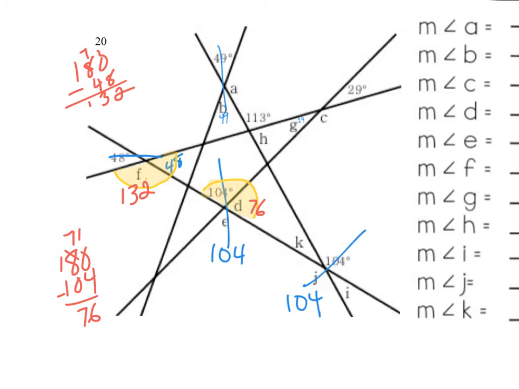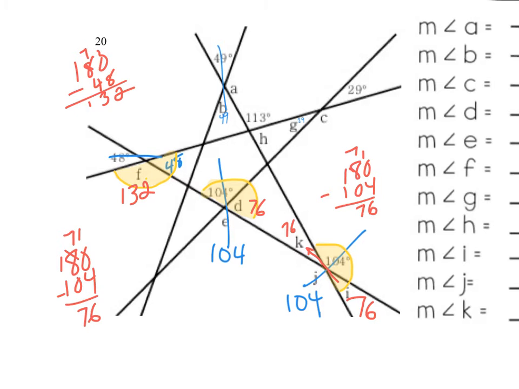Okay, then I go over here and I notice that 104 and I are also sitting on a straight line. See that? So that's 180, supplementary. 180 minus 104 is 76. So I is going to be 76, and directly across from it is also going to be 76.